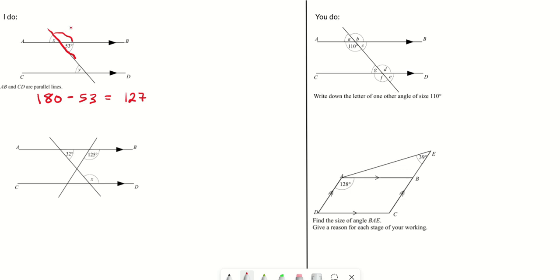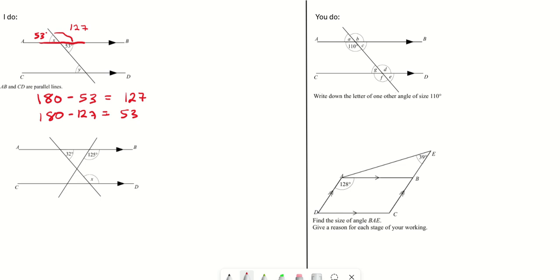So this angle in here is 127. And then this angle that we just found and X are on a straight line. Therefore, that must be 180 take 127, which gets us 53. So X is 53.